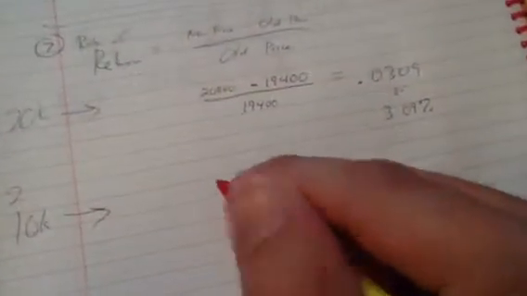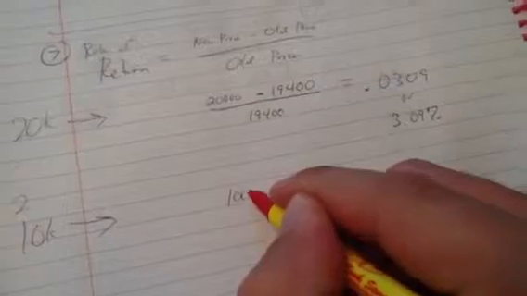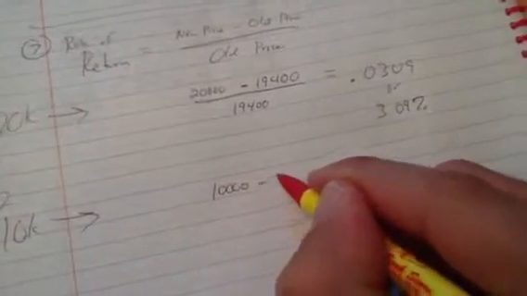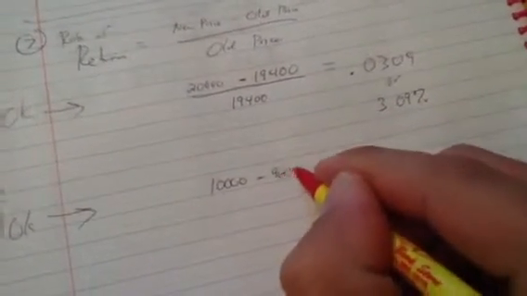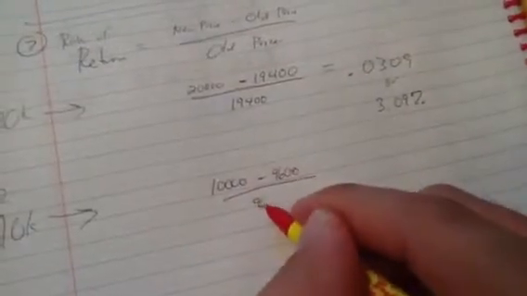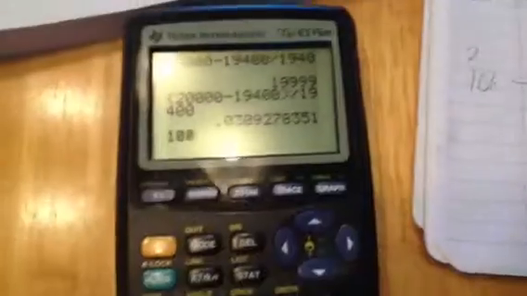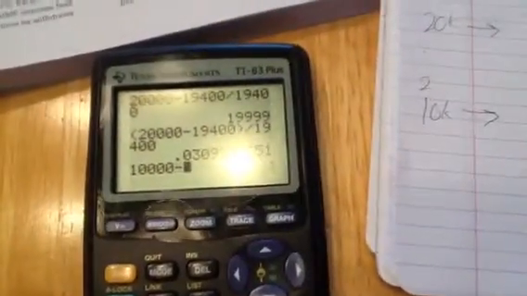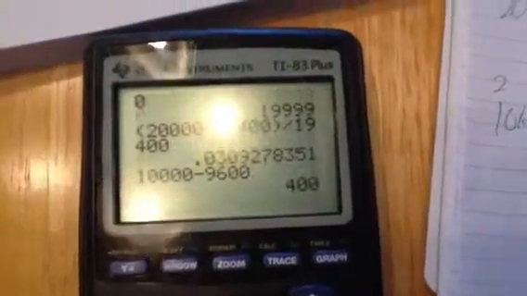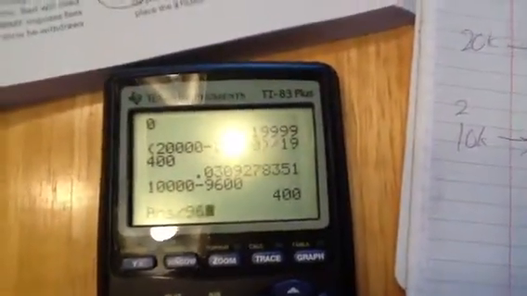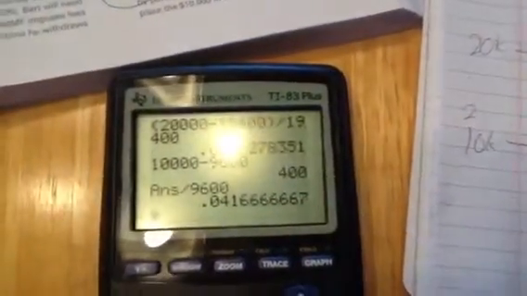Now, you can do it by just saying the new price for each of these will be 10,000 minus 9,600 divided by 9,600, and again here 10,000 minus, and this time I'm not using the parentheses keys, I'm just typing it in, divided by, and I get the rate of 4.17%.